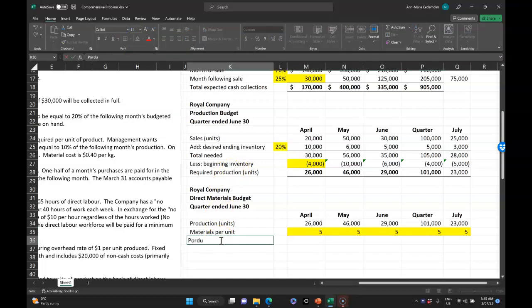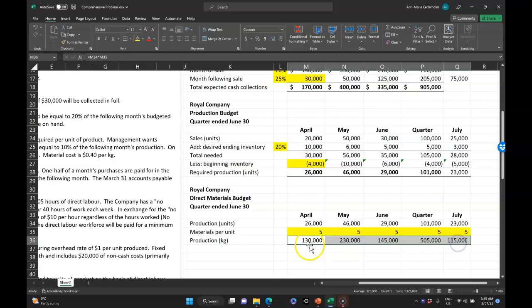And so now I have my production in kilograms instead of units, because that's how we're going to order our material in the proper measurement. So we're going to have the same issue that we had when we were doing our production budget, is that we'll buy material, but we probably won't use it all.